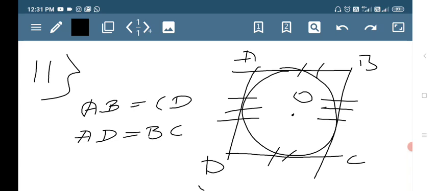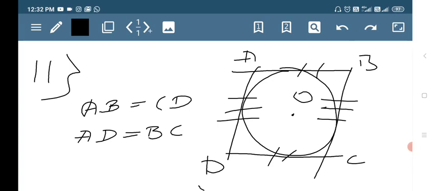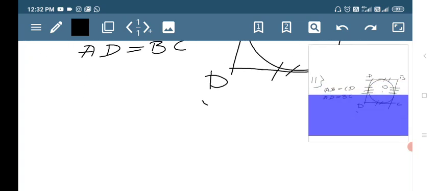So what is a rhombus? All the sides of a rhombus are equal. If we prove that AB equals BC, BC equals CD and CD equals AD, that means all four sides are equal, then ABCD is a rhombus. So let us start proving it.